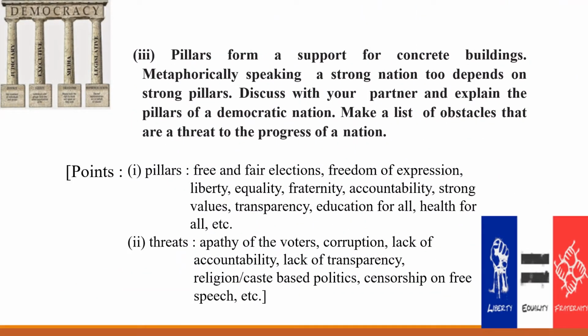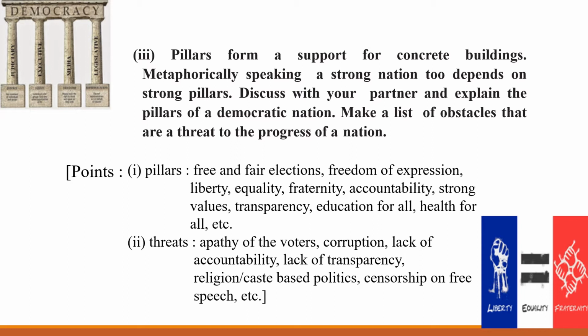Now coming to the name of the lesson. They say that pillars form a support for concrete buildings. Metaphorically speaking, that is comparing it with the same thing, a strong nation too depends on strong pillars. So we have to explain the pillars of democratic nation and make a list of obstacles that are threat to the progress of the nation.